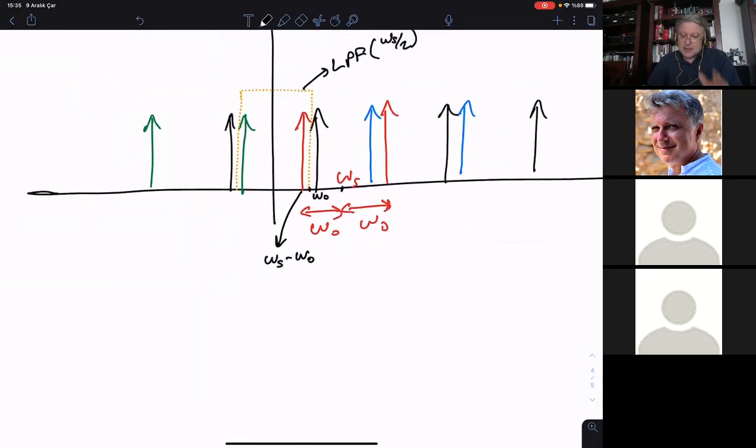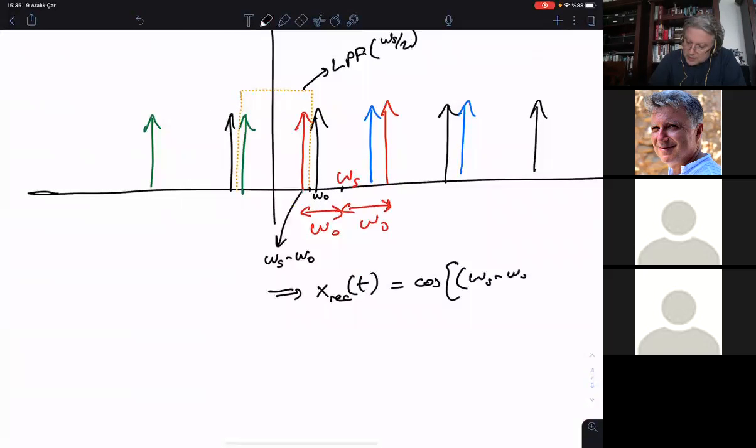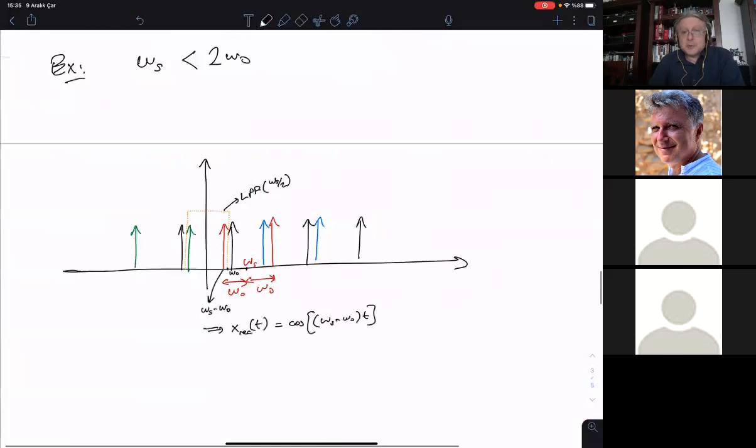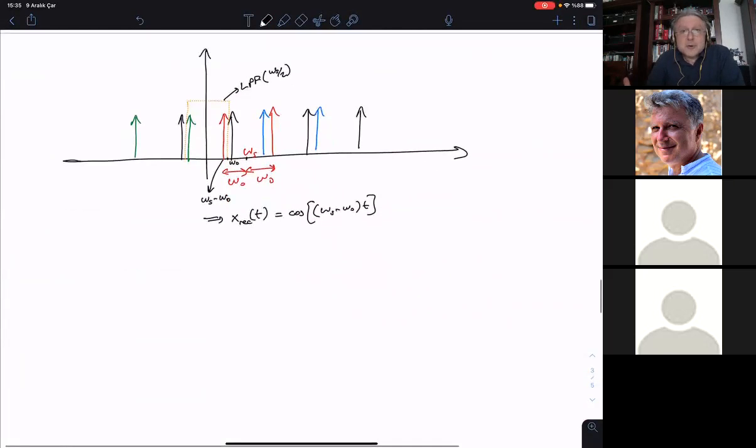So when I reconstruct these two impulses with this low-pass filter, I will still reconstruct another cosine, but the new cosine, x reconstructed of t, will be cosine of omega s minus omega 0 times t. It will not be cosine omega 0 t anymore. It is another sinusoid.